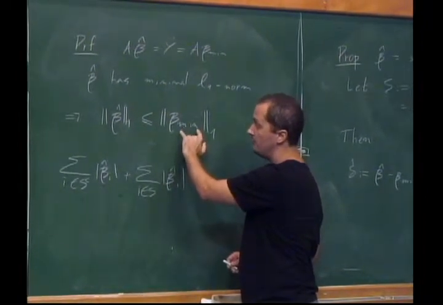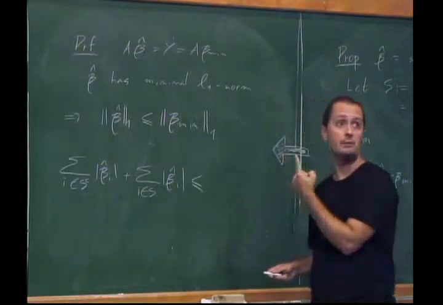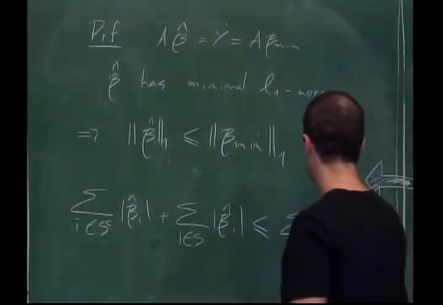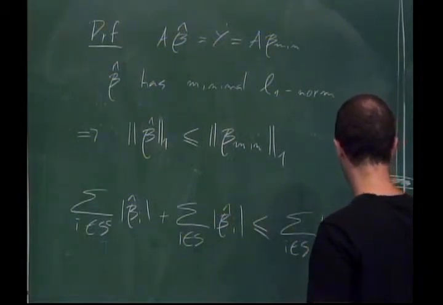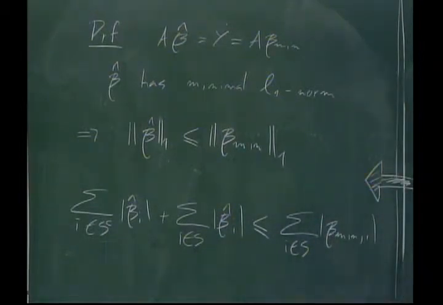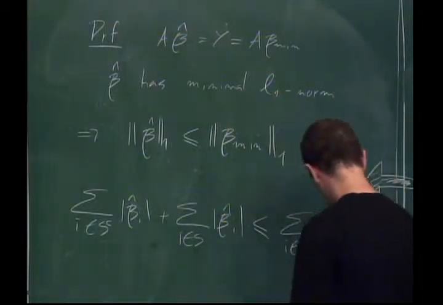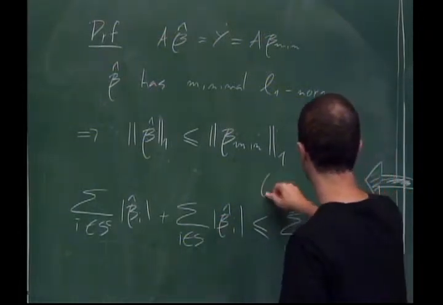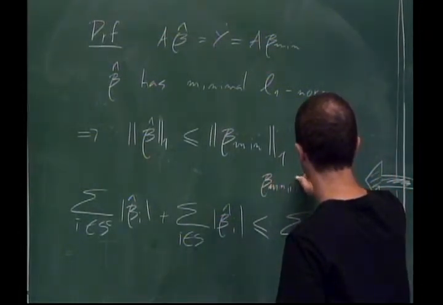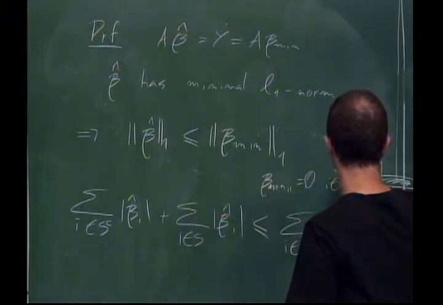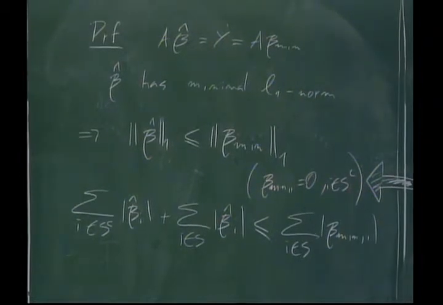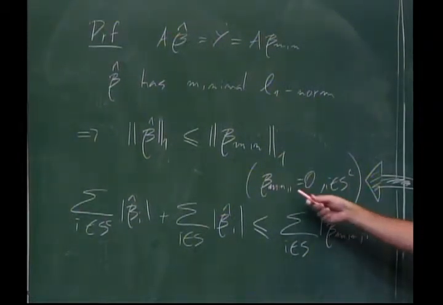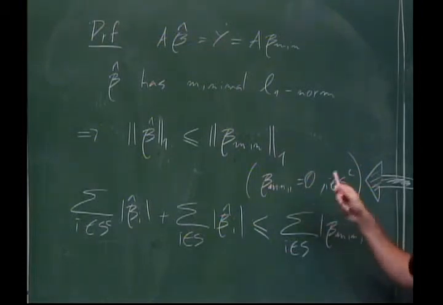The L1 norm of beta min is actually just one sum, because all the non-zero coordinates of beta min are in S, by definition of S. Here we're using the fact that if you take an index outside of S, the corresponding coordinate of beta min is 0.